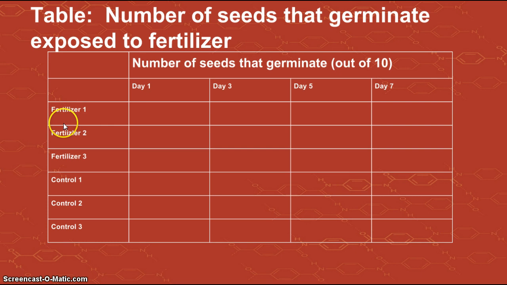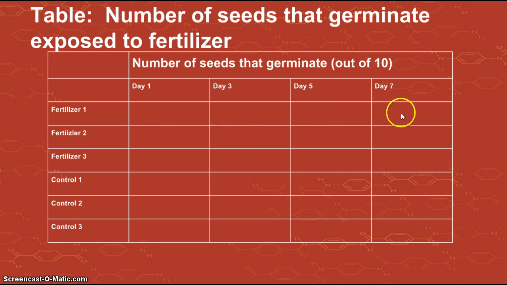Here's fertilizer baggie 1, fertilizer baggie 2, fertilizer baggie 3, and each of those, remember, has 10 seeds. The control 1, control 2, control 3, and then I would be measuring these over the course of 7 or 10 days. So I could have day 1 and I would report how many out of 10 germinated, day 3 for each group.